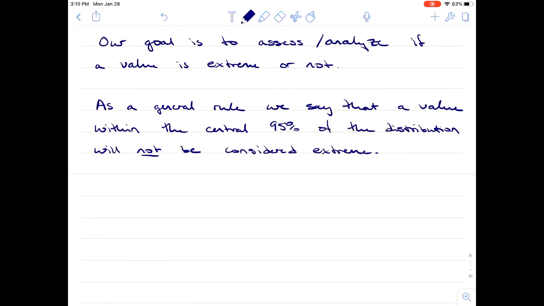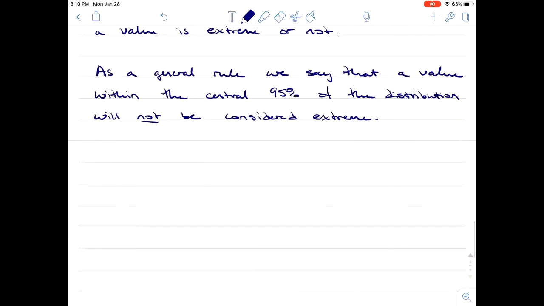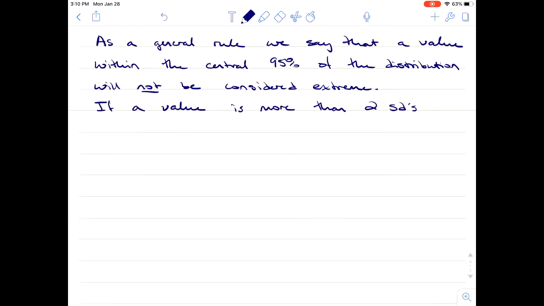I guess we could call it the complement of that, the opposite of it, is that if a value is more than 2 standard deviations away from the mean, that's either above or below.